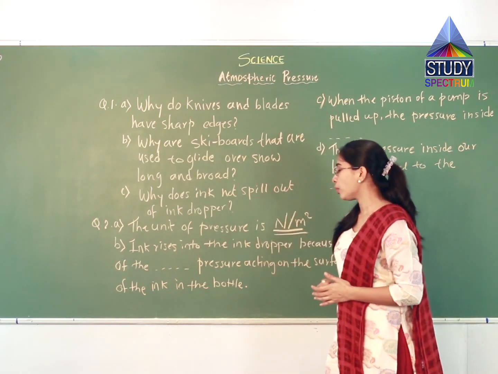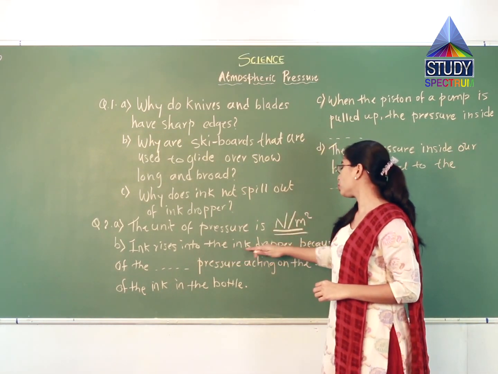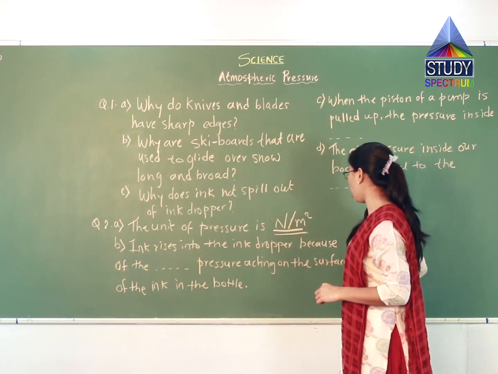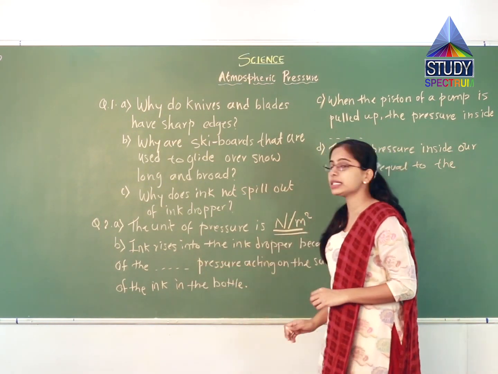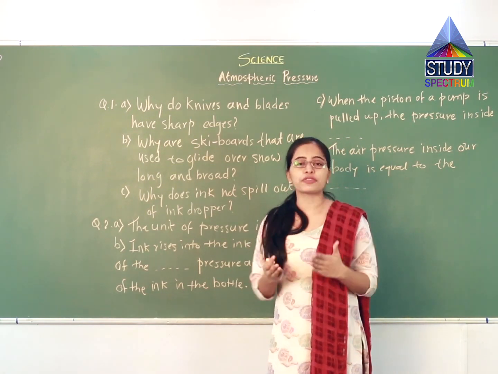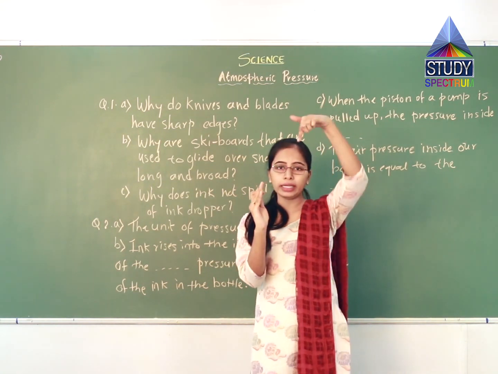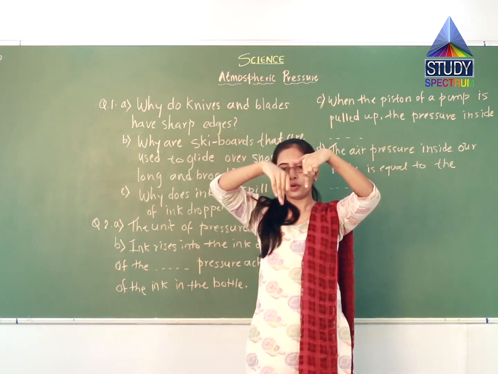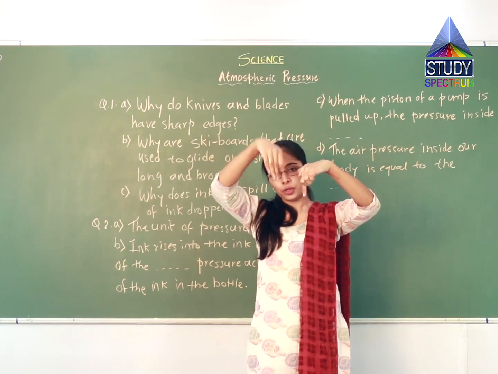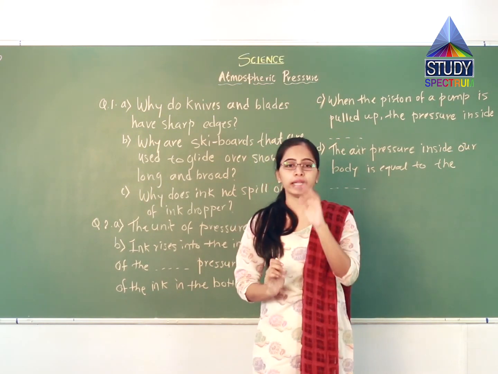Then the second fill up is, ink rises into the ink dropper because of the dash pressure acting on the surface of the ink in the bottle. Definitely it is atmospheric pressure. Suppose this is the ink bottle and the ink dropper is inside. From the sidewise area, atmospheric pressure pushes the ink downward and that ink goes inside the ink dropper.